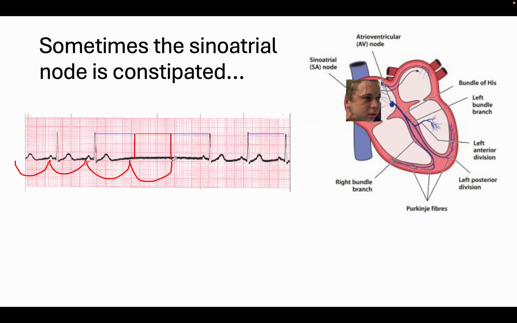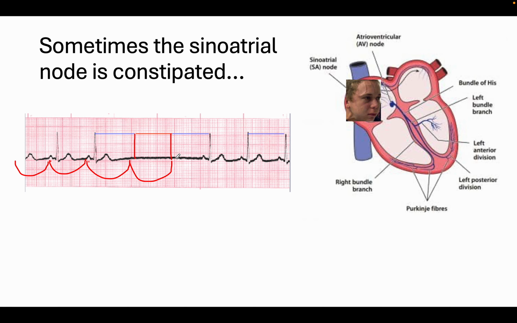The sinoatrial node is attempting to produce a P wave, however it never manifests itself electrically because it never generates it in the end. We call that the sinoatrial node being constipated because there is an underlying pattern to it.